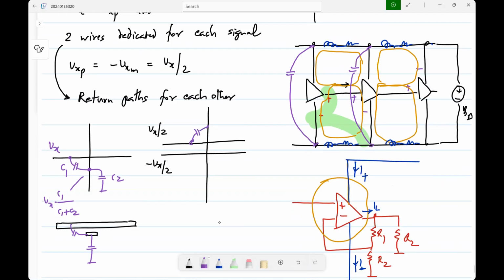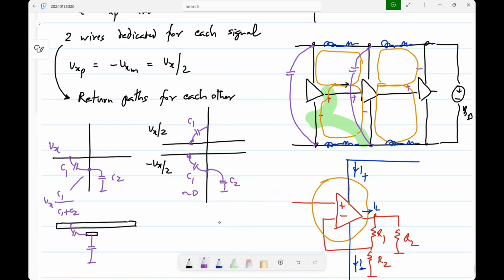So that means that if this is C1, this will also be C1, and then of course you have C2 from here to ground. What is the voltage that appears on that wire here? You have Vx by 2 times C1 by C1 plus C2 minus Vx by 2 times C1 by C1 plus C2. So this is basically 0.